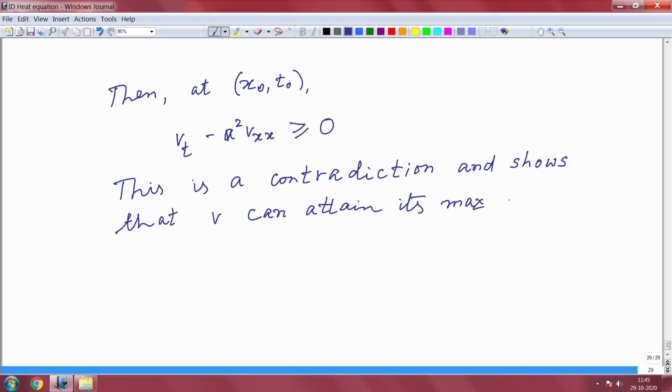Maximum only on... so what we have proved for V is referred to as strong maximum principle.